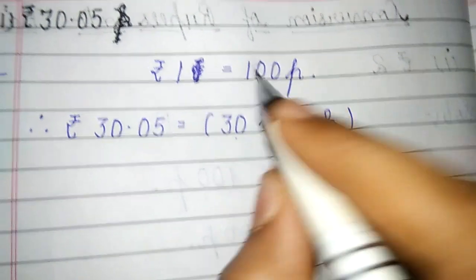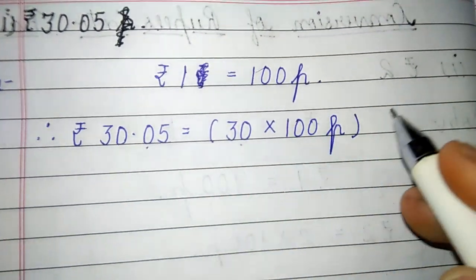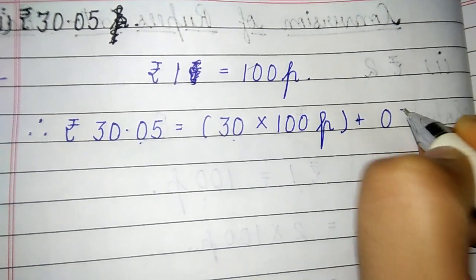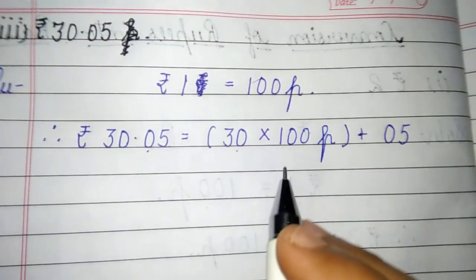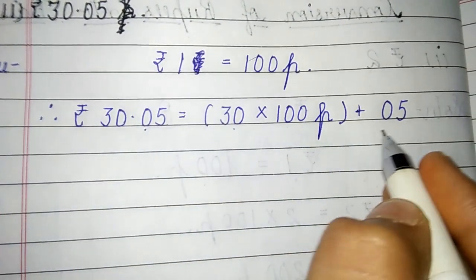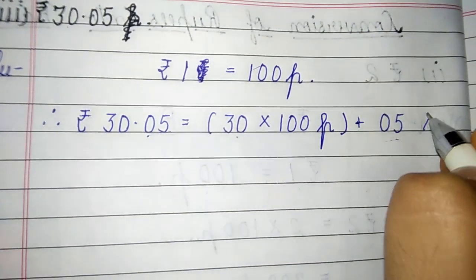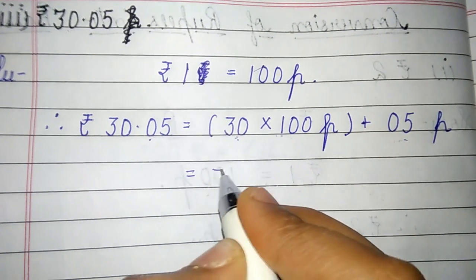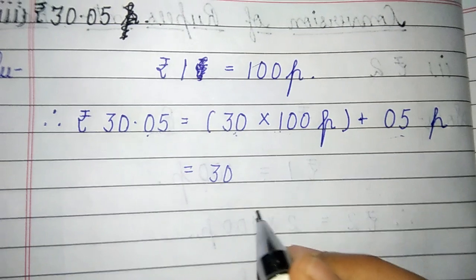Here 0.5 paise is given, so we will write it here with plus. Now 30 ones are 30.